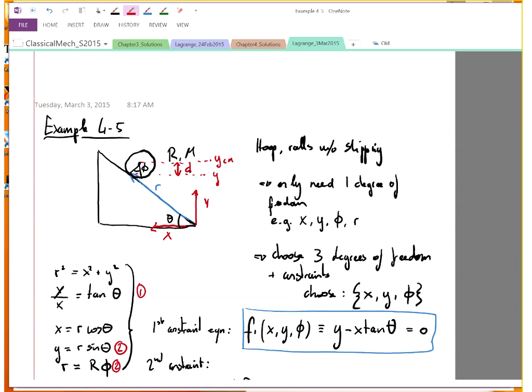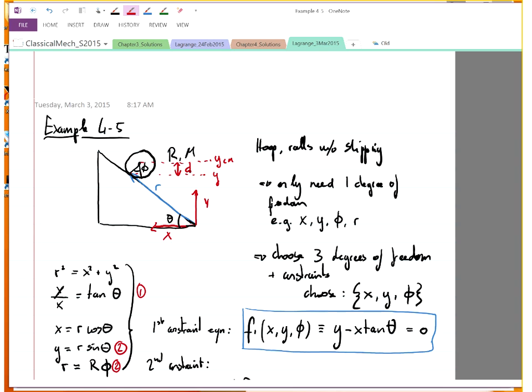So my potential energy is wrong, because if I call it mgy, then it really should be mg(y plus d). But what that does is it adds a constant term, mgd, to the potential energy.